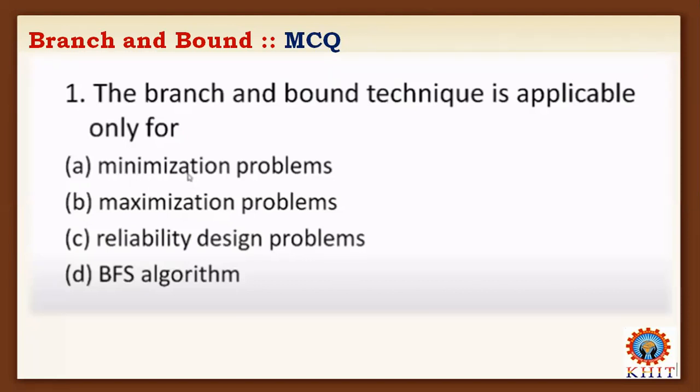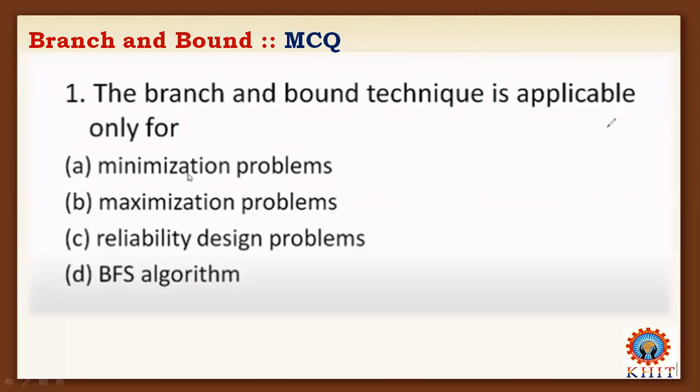Now, let me focus on some important FAQs, multiple choice questions in this session. The question is, the branch and bound technique is applicable only for. Why do we use the branch and bound technique?